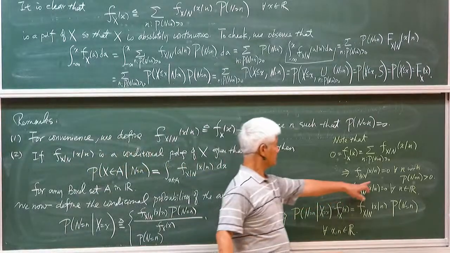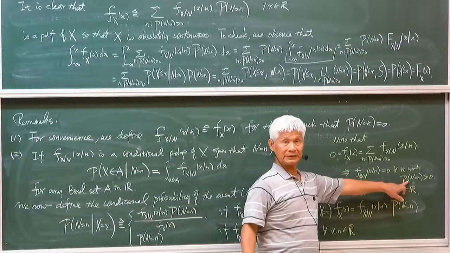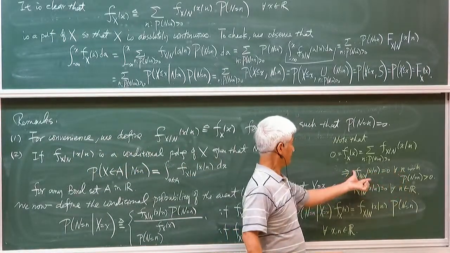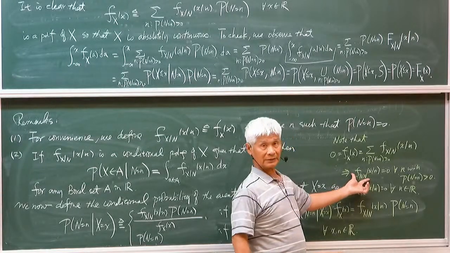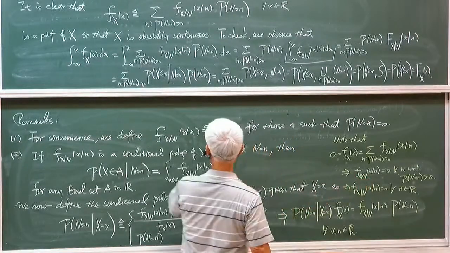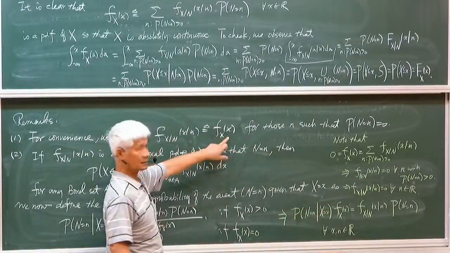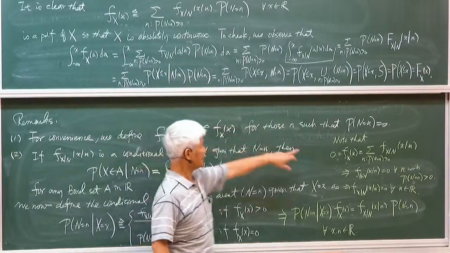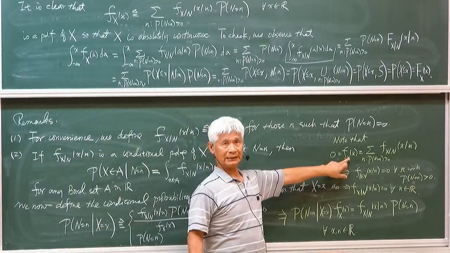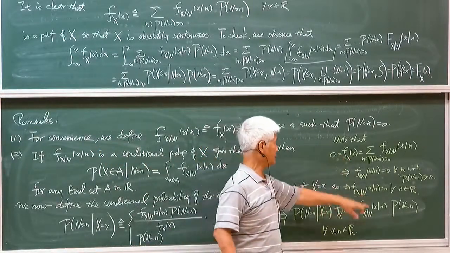Because for n such that this probability is 0, this conditional PDF by definition is equal to f of X equal to x. But this is already 0, right? So this implies that this is true.